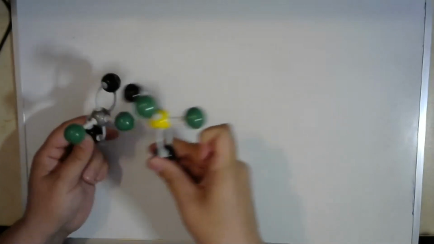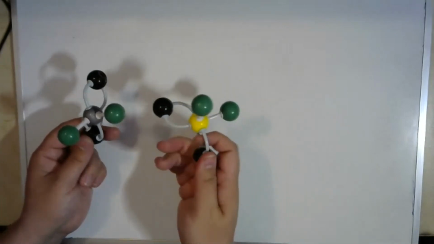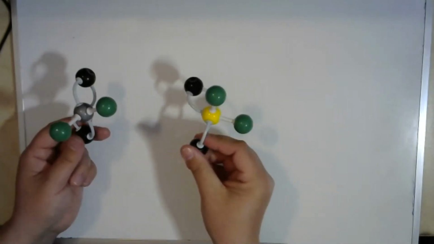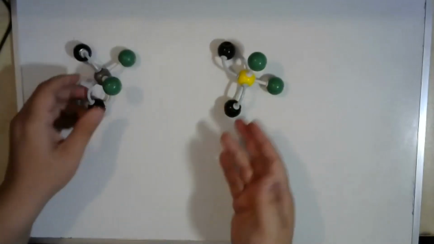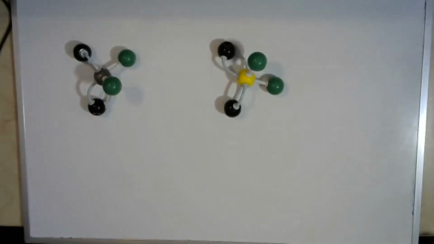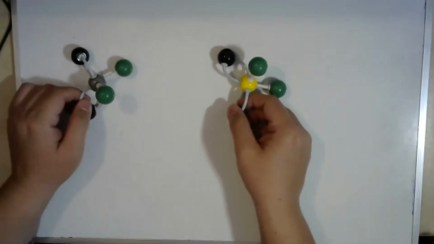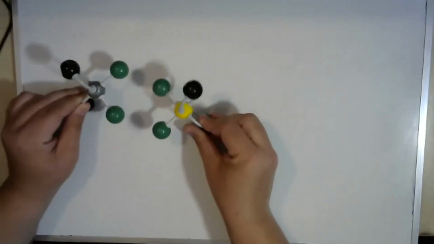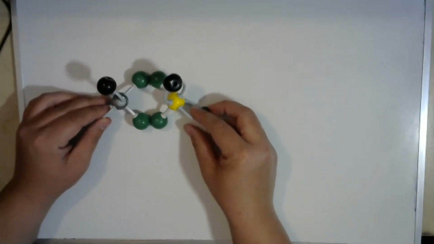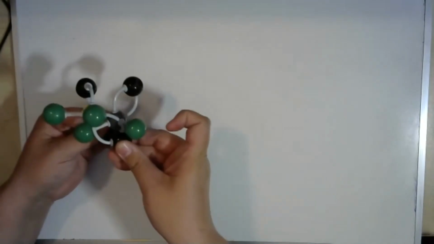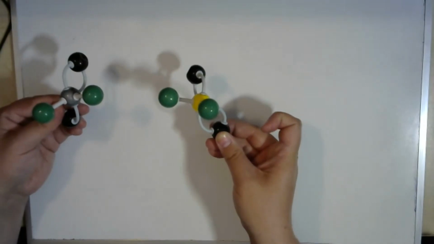No matter which way I rotate it in the same plane, I am never going to make the cis isomer fit directly on top of its mirror image so that both shapes are the same. When you can't make the mirror images sit on top of each other perfectly, that's what causes optical activity.